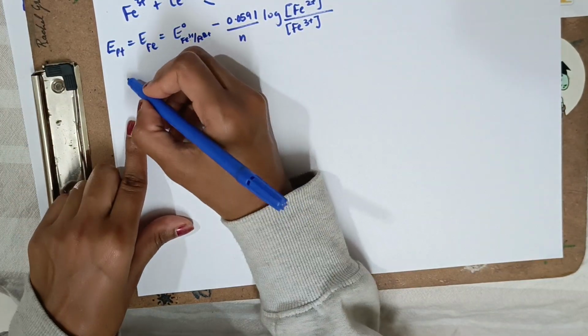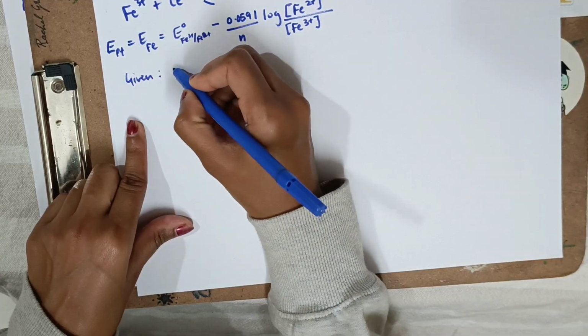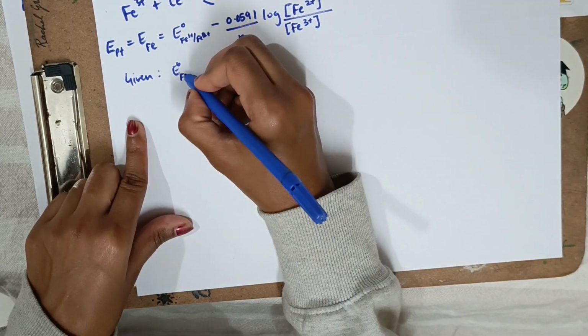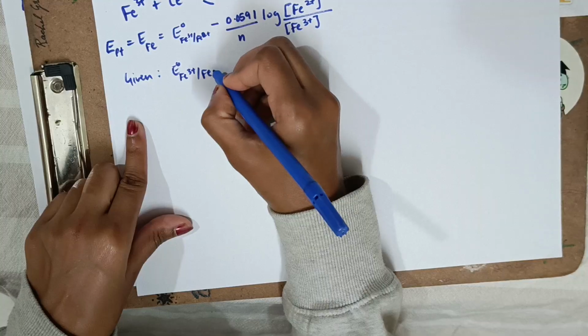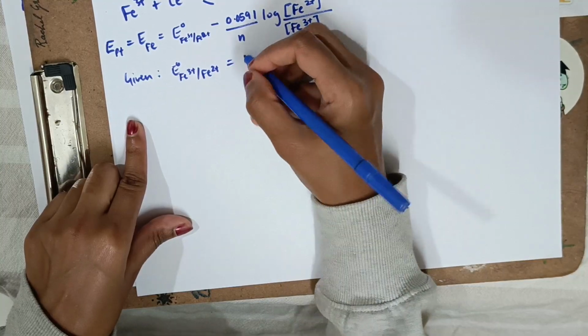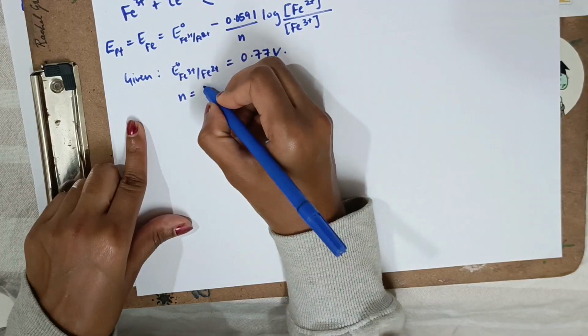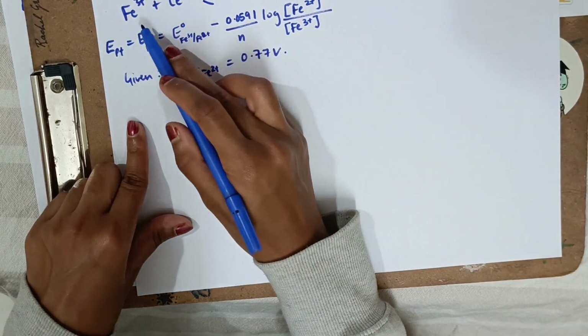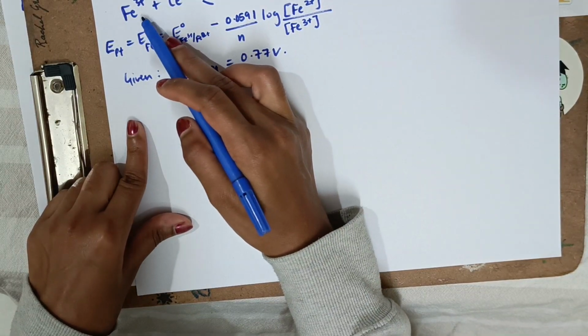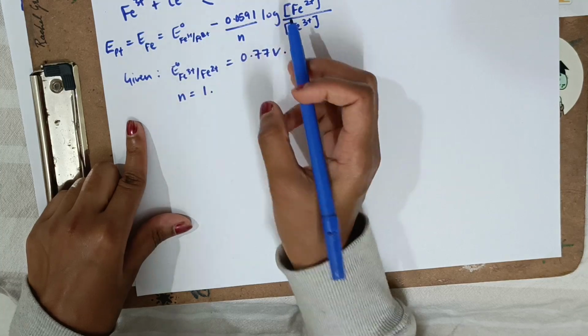Okay, now it is given that the standard potential of Fe3+/Fe2+ is equal to 0.77 volt and the n factor is equal to 1 because only one electron is being used to reduce Fe3+ to Fe2+.